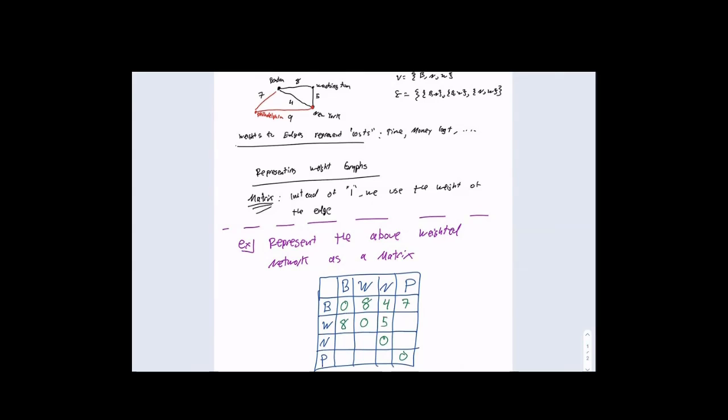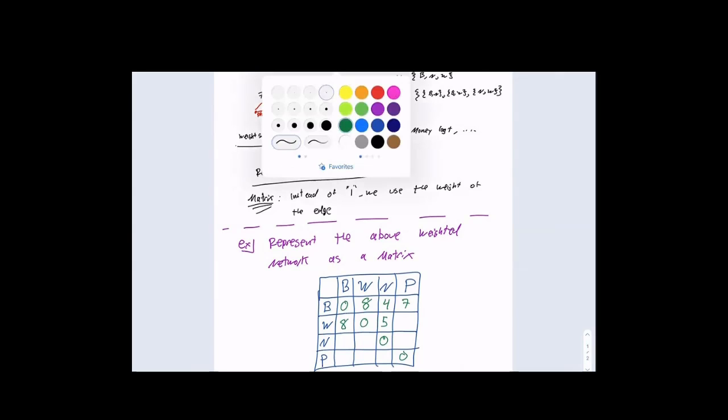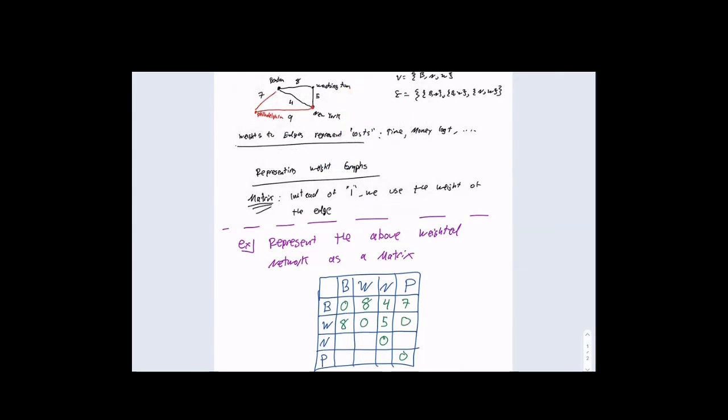And Washington to Philadelphia? It is 0. There is no direct edge from Washington to Philadelphia.